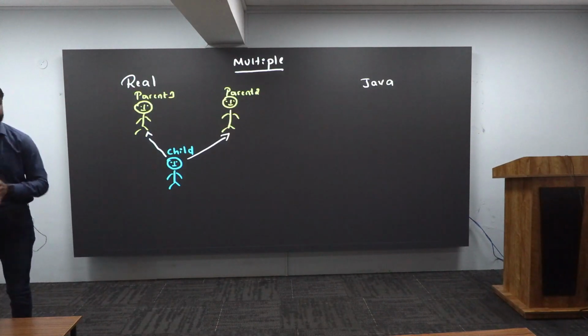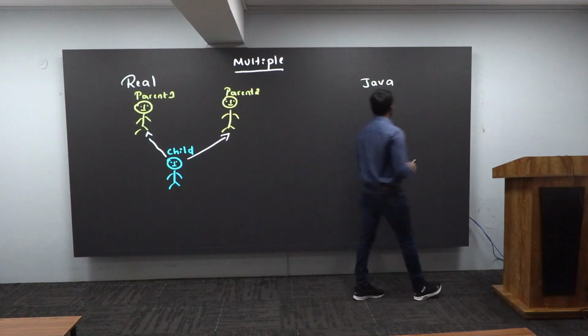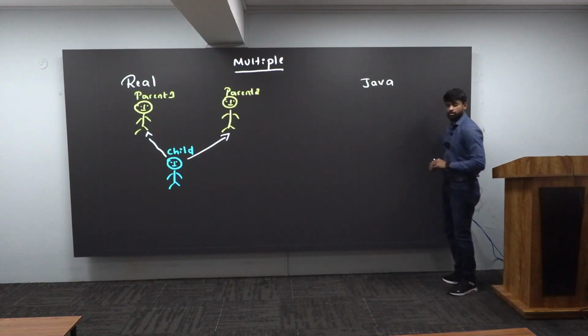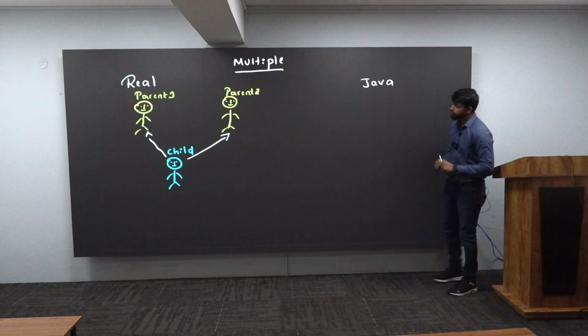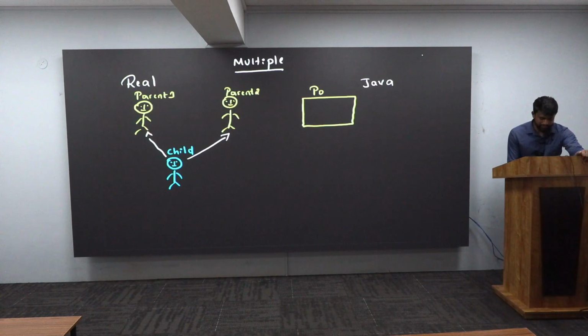It is not possible. If this is not possible in real world, let me see in Java, is it possible or not? Are you guys ready? So what I will do is, I will create one class. This class, I call it as parent 1.